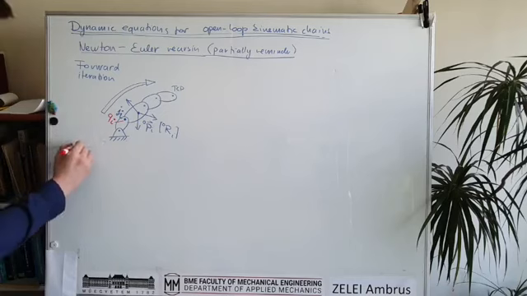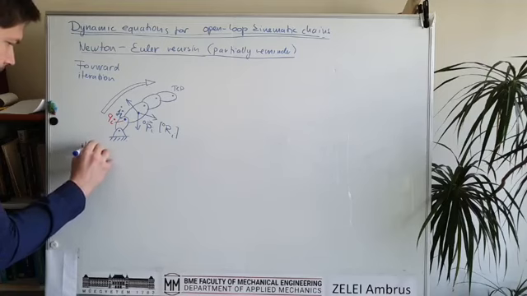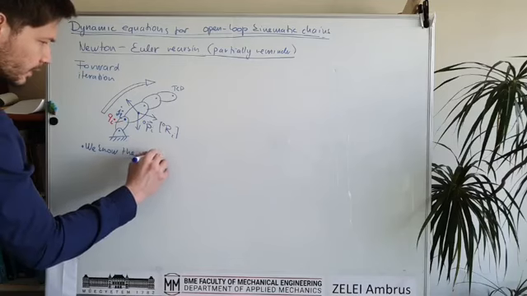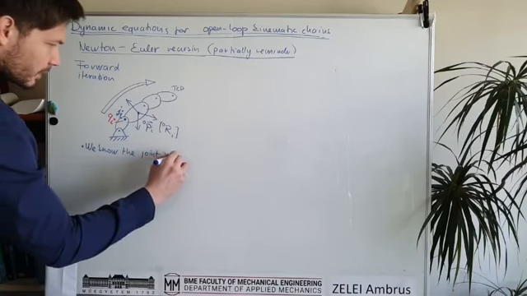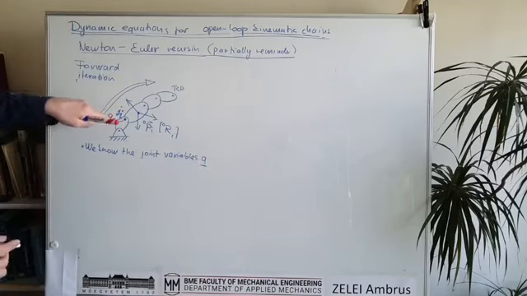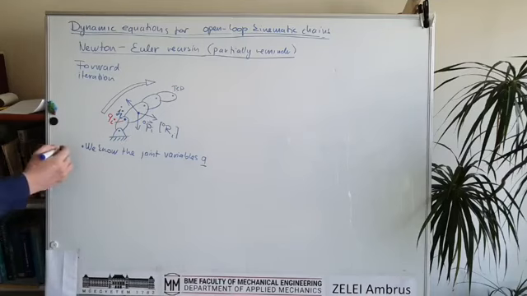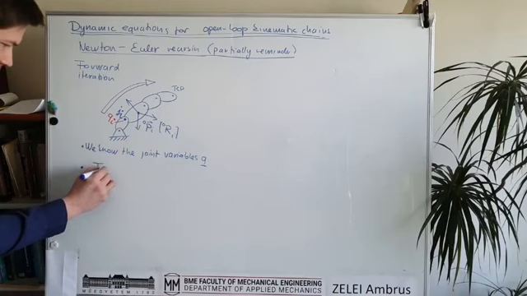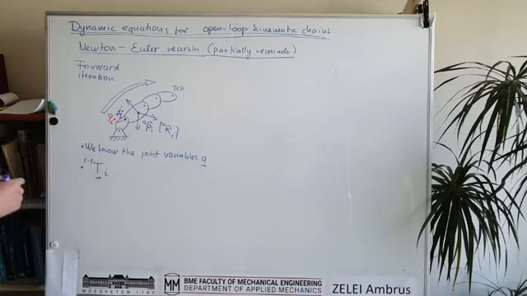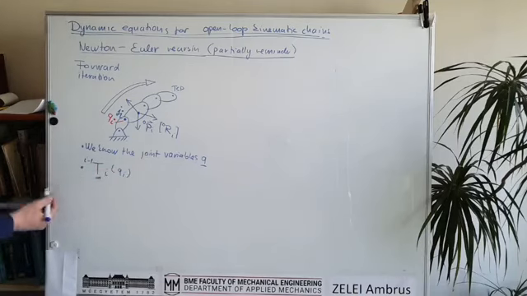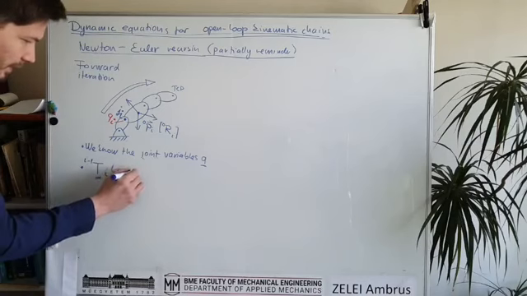So we know each of the joint variables, and therefore we can obtain these homogeneous transformation matrices for each link, and they depend on the corresponding joint parameter and some other parameters.